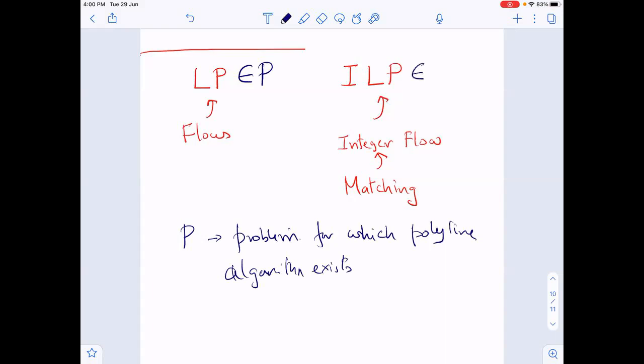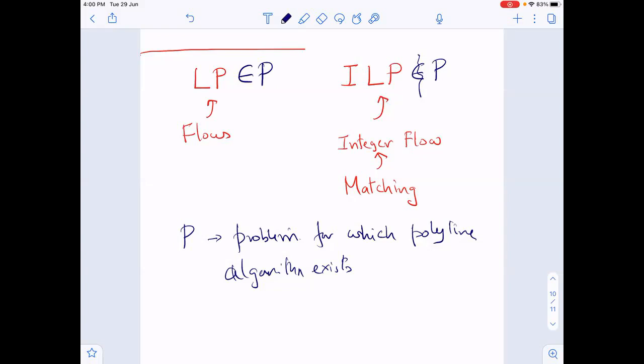This one, let me say, this is not in P. I will talk about it again better, but you can think of it that it is not in P. If I try to solve matching or integer flows as an ILP problem, then I don't have a polytime algorithm.